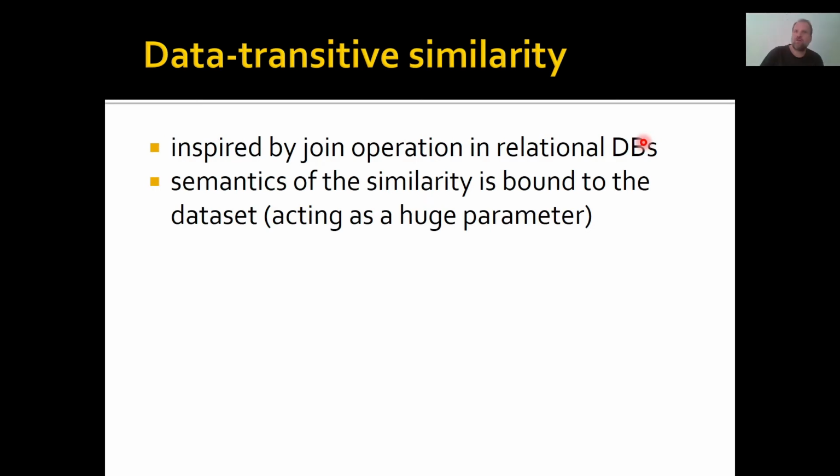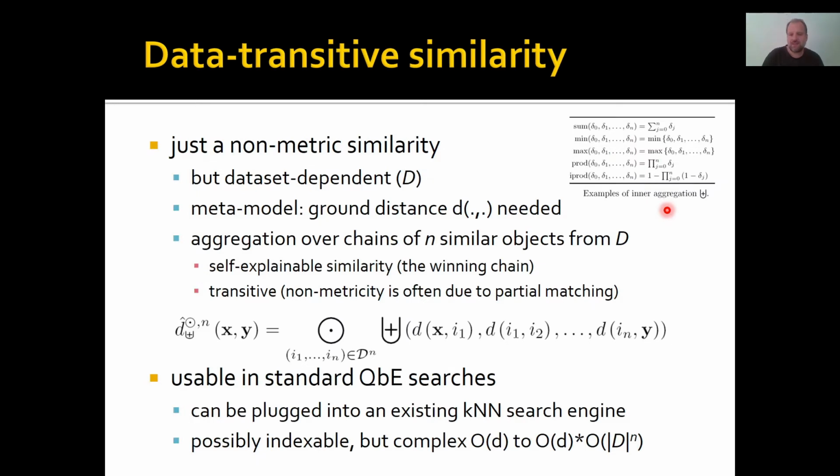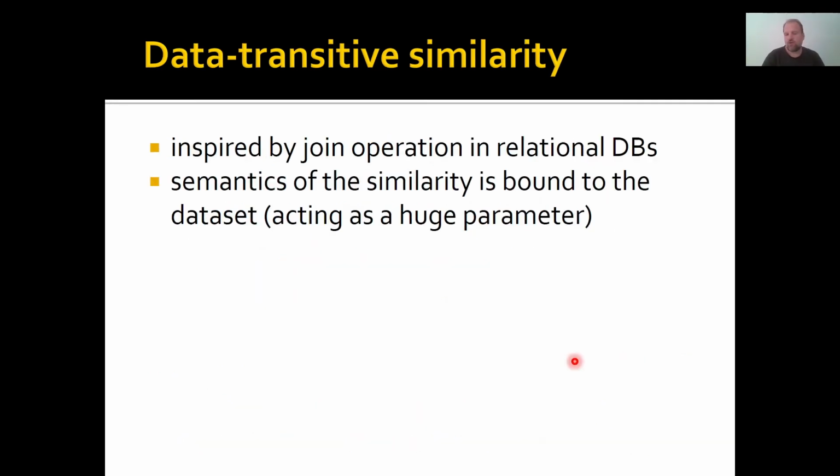And the results, of course, must be somehow relevant to the query. So the joining of elements from a database by means of join operations actually does a similar process as we are using here in the form of aggregating the chains of objects. So we join objects together and we get some overall result that is still relevant to the original query.